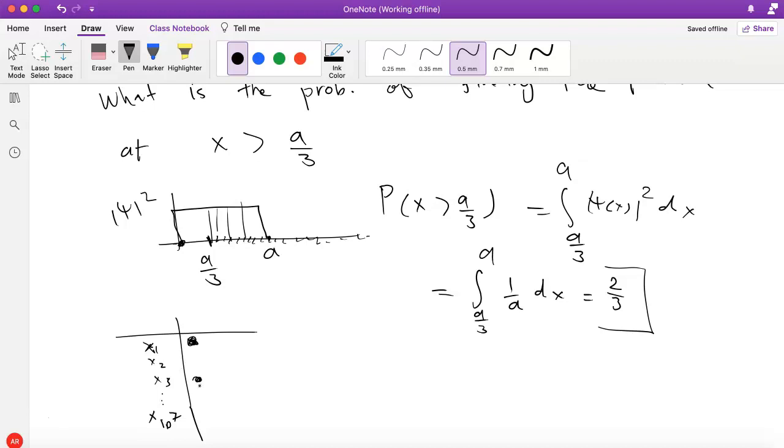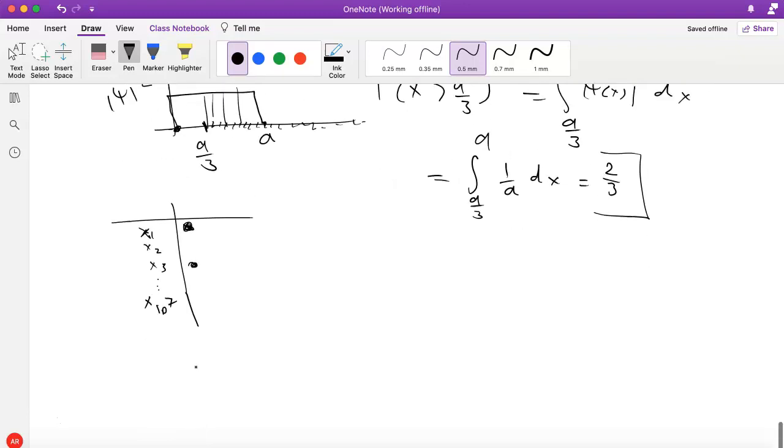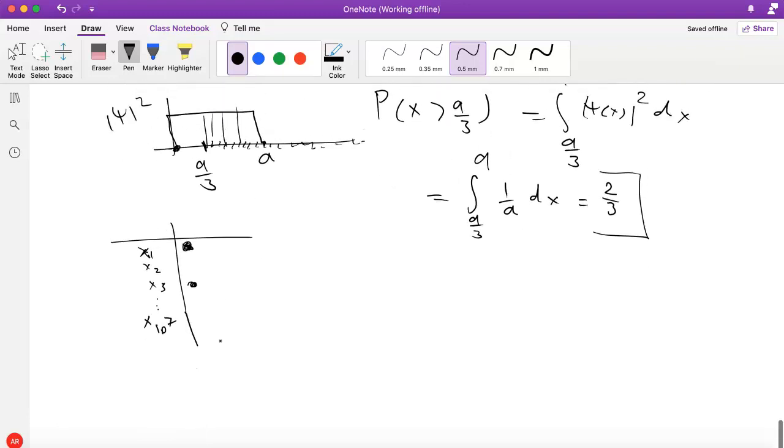So some of them will get a dot because they're larger than a over 3, some of them won't. When I repeat this experiment over and over many times, I just divide the number of observations where the position, this random thing that I measured, was larger than a over 3, by the total number of measurements, in this case 10 to the 7, and in the limit of many measurements, that should go to 2/3. Okay, so that's the interpretation.